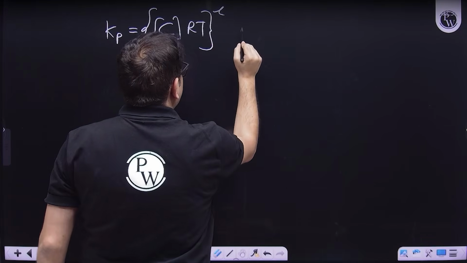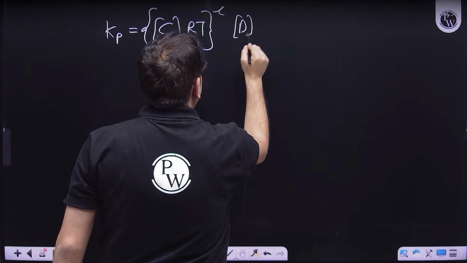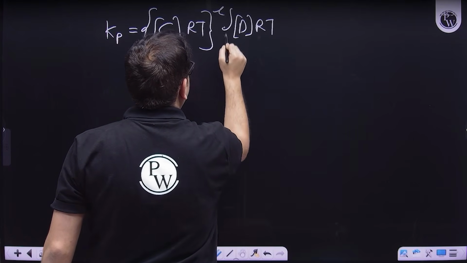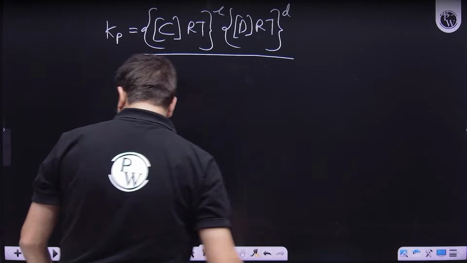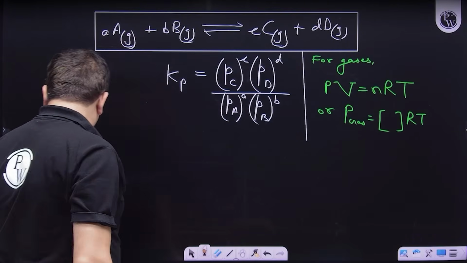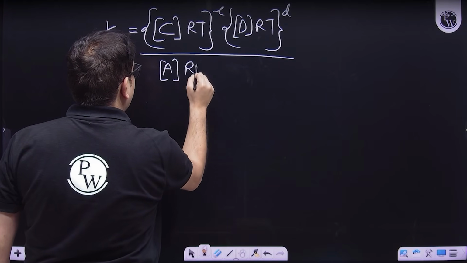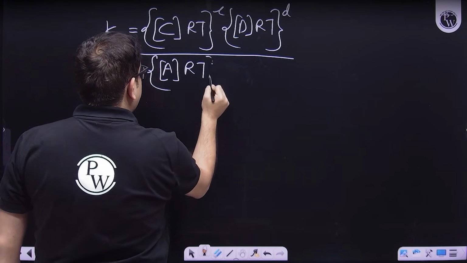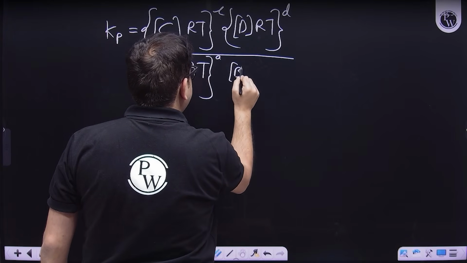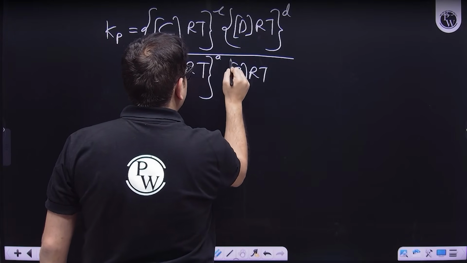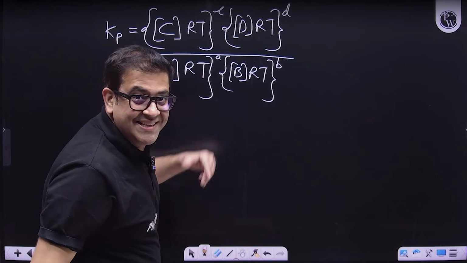Similarly, concentration of D into RT whole raised to the power small d, whole upon, remember, C and D. What about A and B? Concentration of A into RT raised to the power small a into concentration of B into RT raised to the power small b.